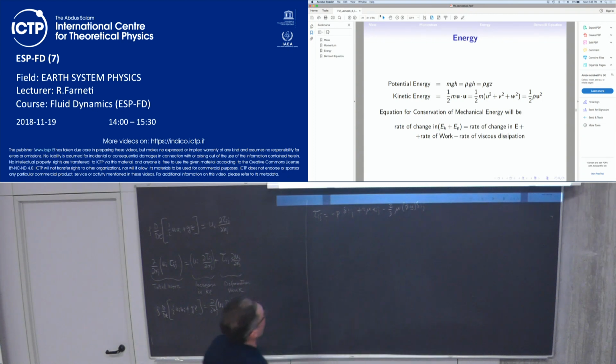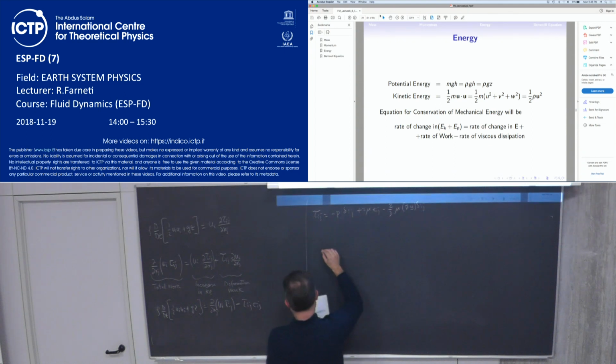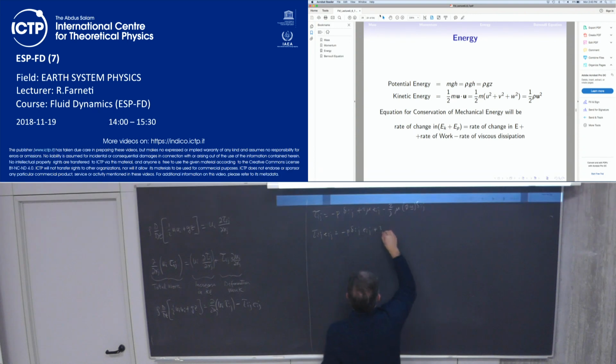Okay, that was my constitutive equation for the Newtonian fluid. And you can plug that into this term, into the deformation work, so that this term is going to be first term, second term, and the third term.